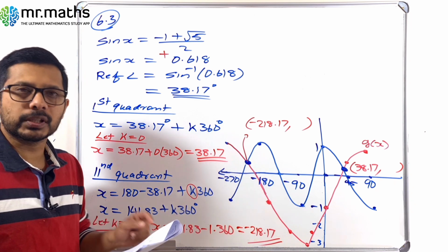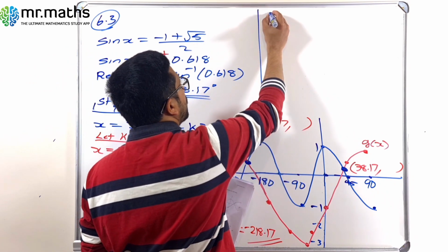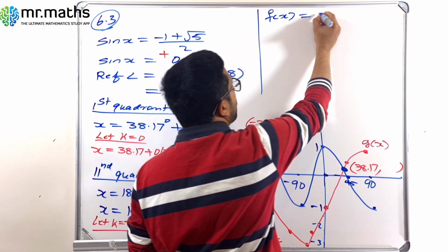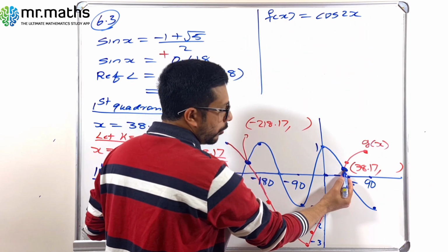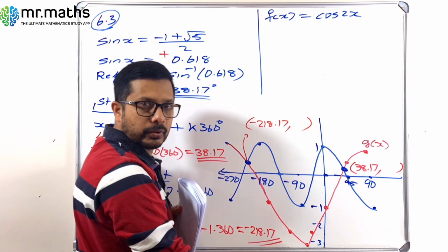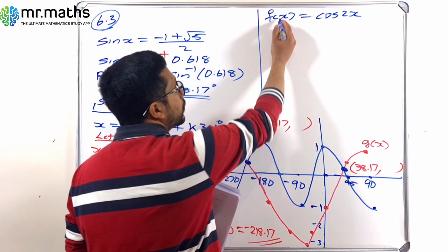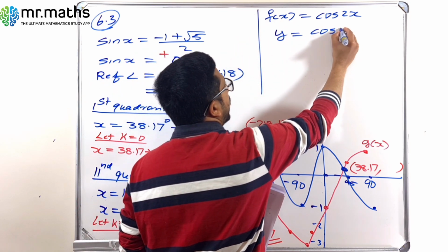Let me take f of x, that is easier. What is the equation of f of x? f of x is equal to cos 2x, that is the given equation. This point is a point on f of x also, so we can substitute the x value as 38.17. So y is equal to cos 2x.